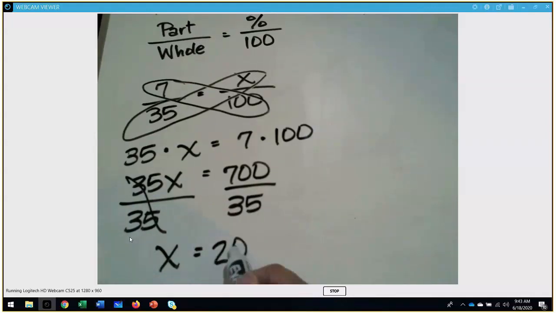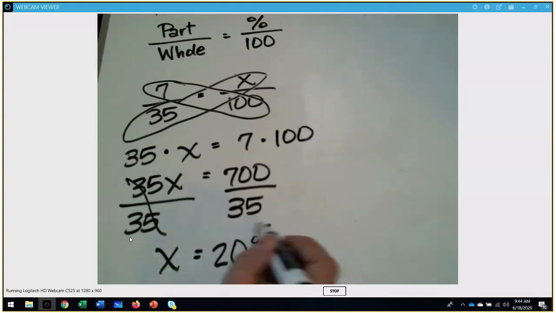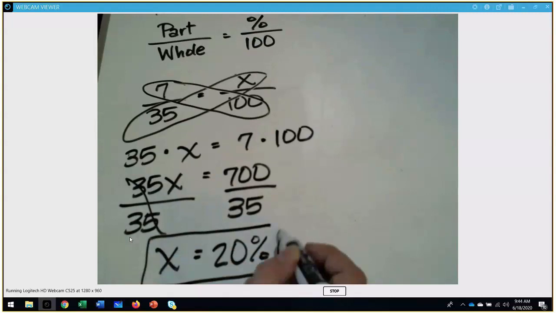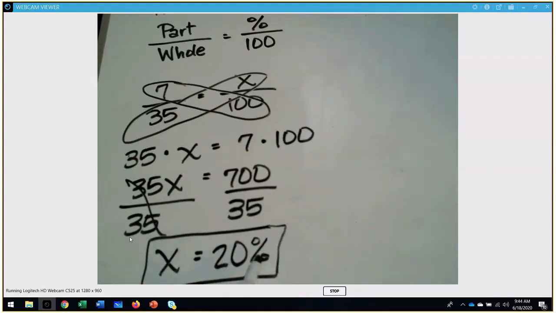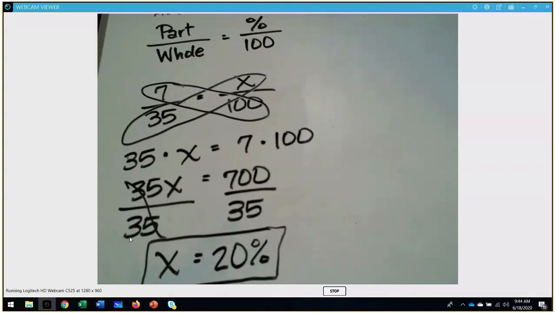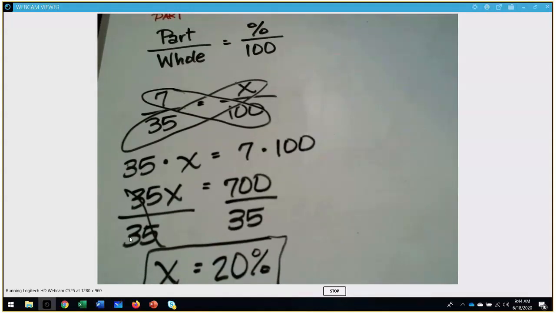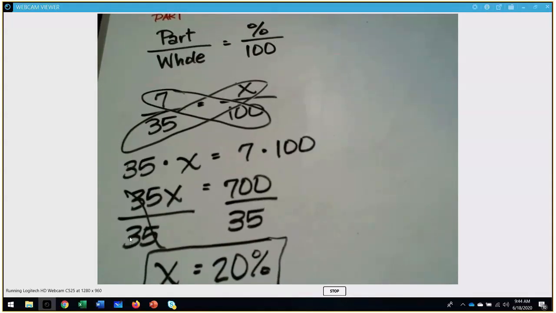When you're solving for the percent, it's important that you label it with the percent sign, because 20 and 20% are different. If I have $20 versus 20% of a dollar, that's totally different. Okay, so the percent sign does matter.